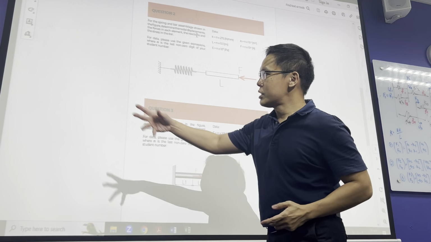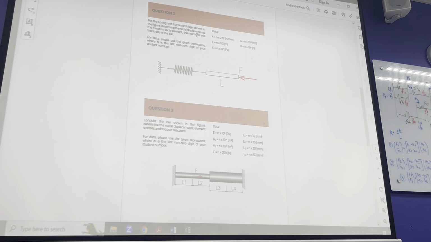Let's put it into the big matrix. After this, what do you do? I assemble them, correct?